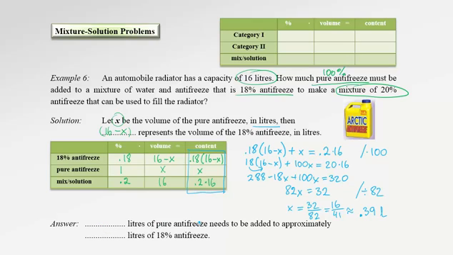Okay, so pure antifreeze is the X, so it's about 0.39 of a liter of pure antifreeze needs to be added to approximately how many liters of 18% antifreeze. Let's calculate on this side. 16 minus 0.39 is 15.61. So approximately 15.61 liters of 18% antifreeze we need.